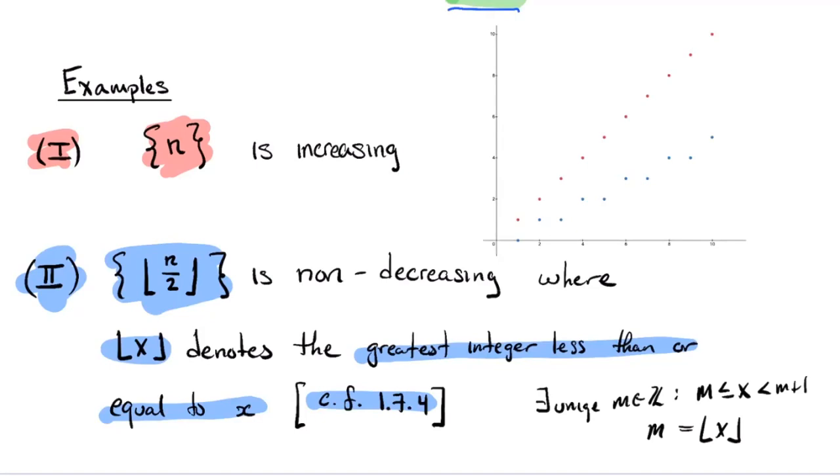So my second example, the floor of n over 2, you can see it's a non-decreasing sequence. It's not the case that the sequence terms are always getting bigger. Here's the value when n is 1, and then n is 2. The output when n is 3 is the same as 2. They're equal. But then it gets bigger for 4, but then 5 is the same. I'll let you think about why this is true. But that sequence is not increasing.